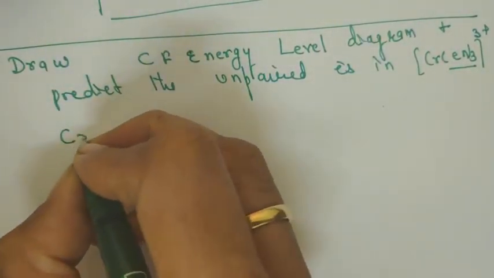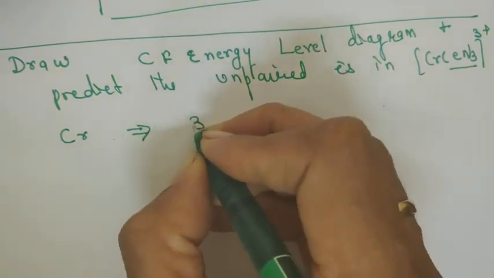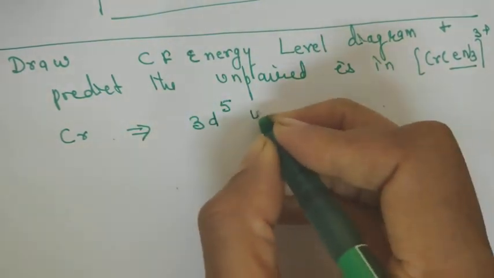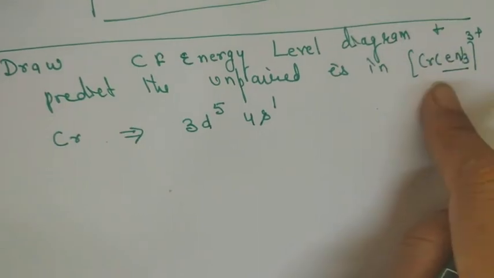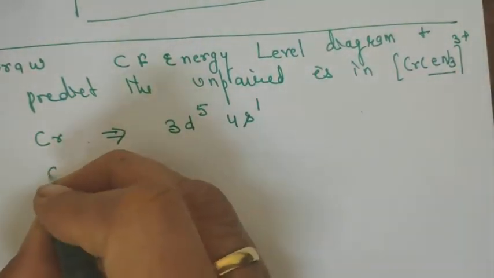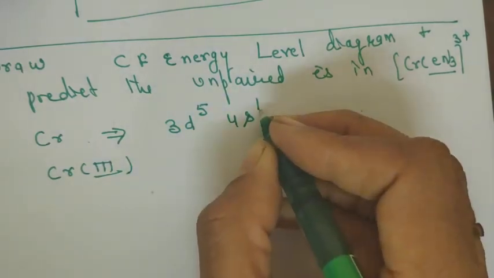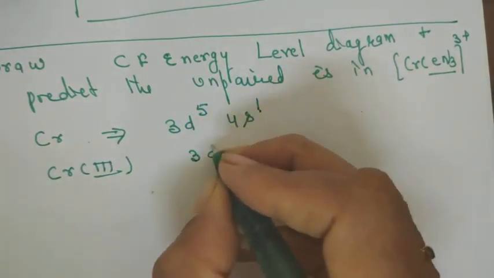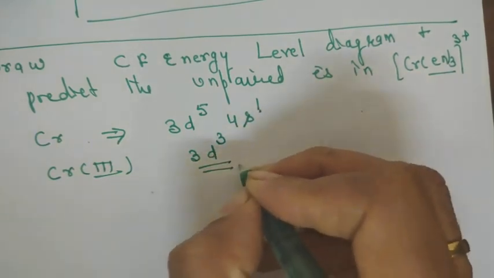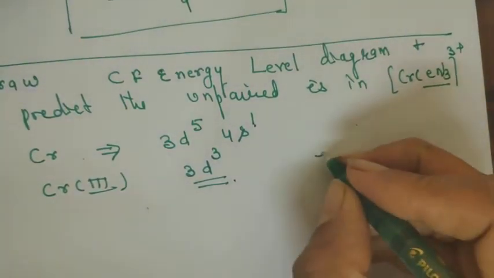Chromium has electronic configuration 3d5 4s1. Chromium is present in 3 positive oxidation state. So this is chromium 3. One electron will go from here, 2 from here. It will be 3d3. Now what kind of ligand is ethylene diamine?